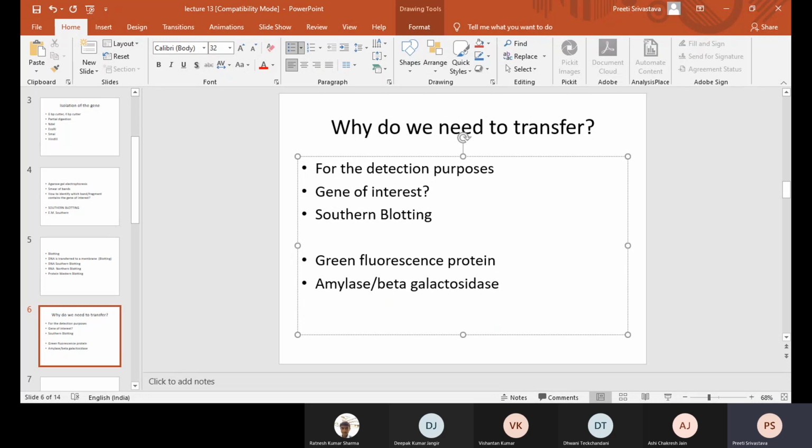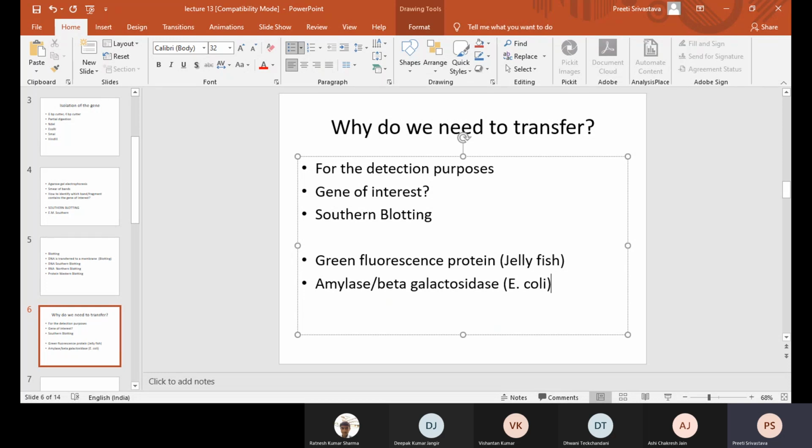So let us imagine that you have chromosomal DNA for green fluorescence protein. The gene for green fluorescence protein was discovered in jellyfish. Or, in the case of alpha amylase or beta galactosidase, you can take the example of E. coli, which is beta galactosidase positive, or Bacillus or any other strain.